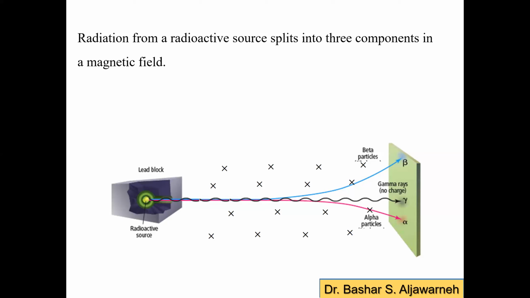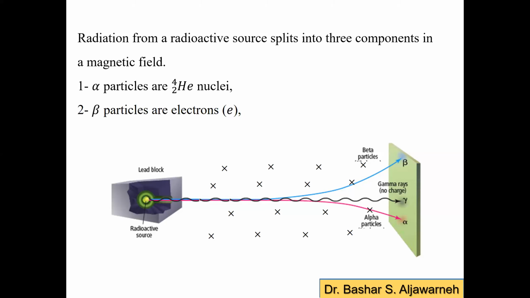That means it's uncharged, or there is no charge for gamma radiation. So in general, alpha particles are helium nuclei, beta particles are electrons, where gamma rays are uncharged, and they are photons.